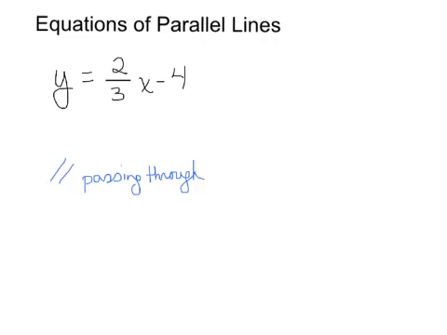Let's say in this case it's the line passing through the point (6, 1).